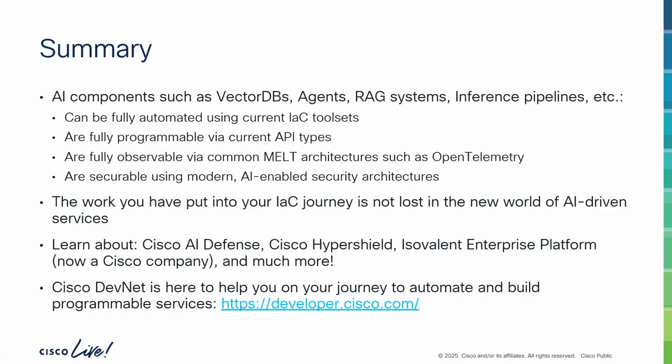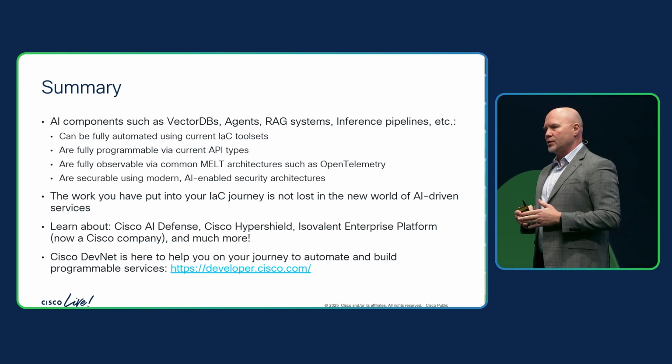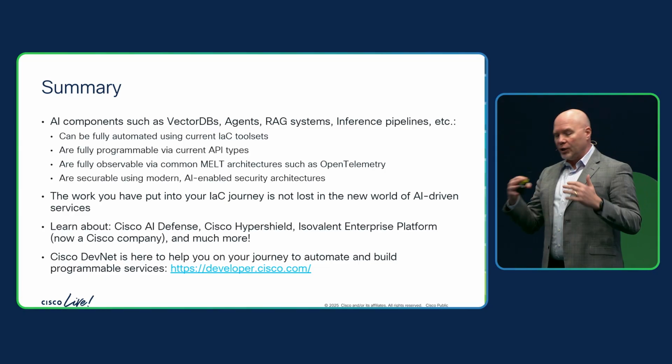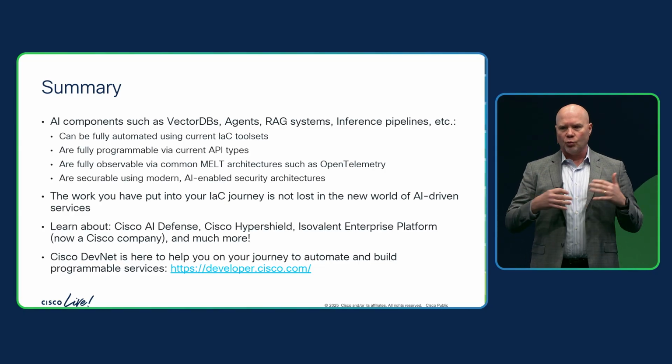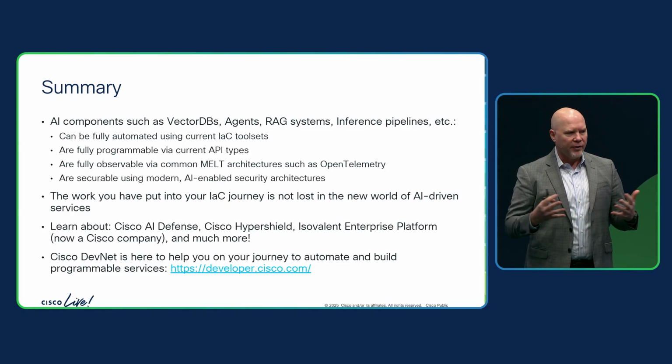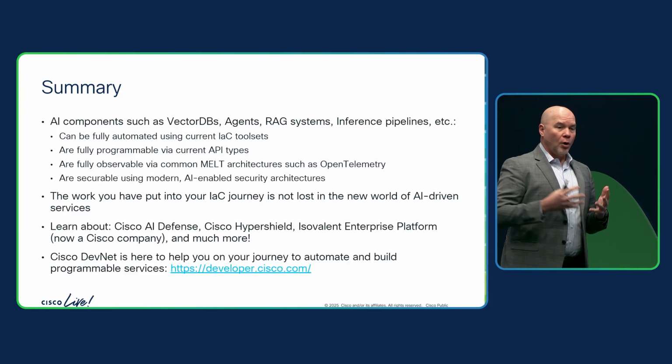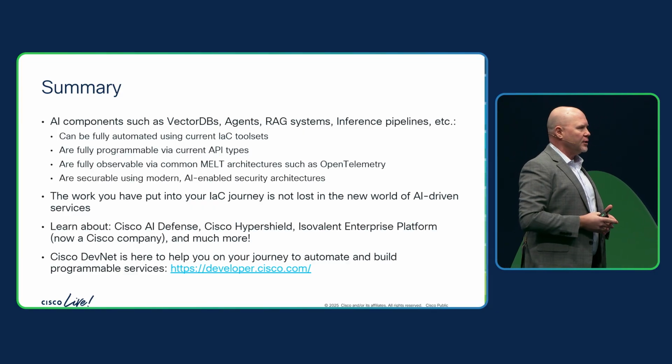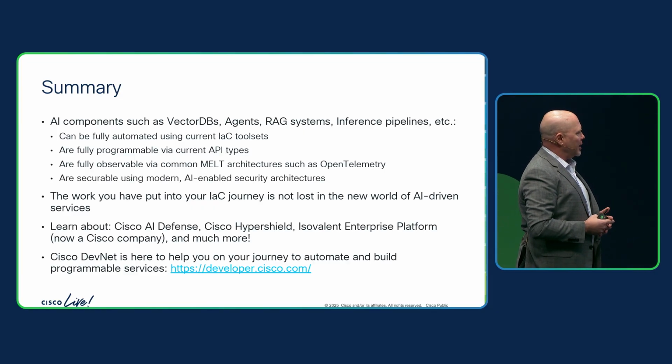And if it's just software, we can leverage the automation of regular infrastructure as code to get us those implementations there. We know that they're not using any new API types, REST, GraphQL, these are the things that we know. And they're also fully observable utilizing the standard MELT type architectures we're used to. So this is good news. This means that we can actually go out and implement these solutions today.